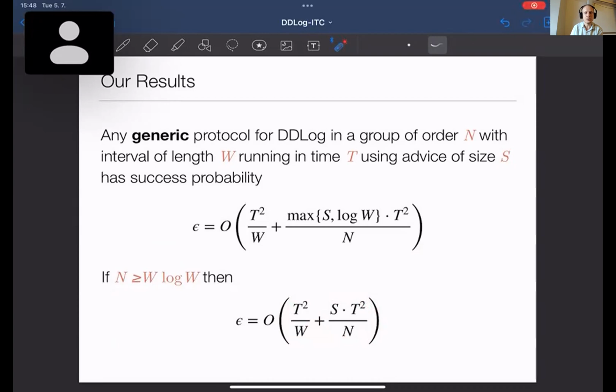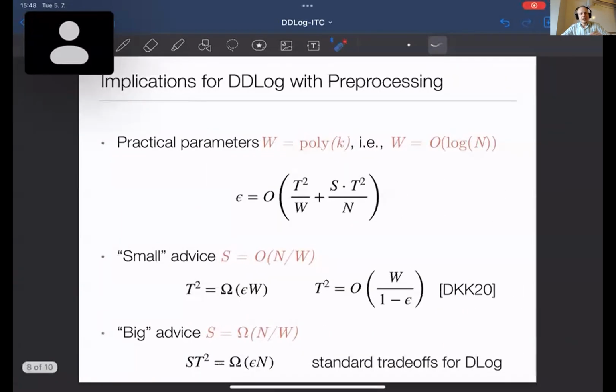Now let me interpret the results, so that you don't have to do it in your head. I'll start by considering what the practical parameters are that we care about in the setting of distributed D-log in the applications. For example, for homomorphic secret sharing, w is poly in the security parameter k.